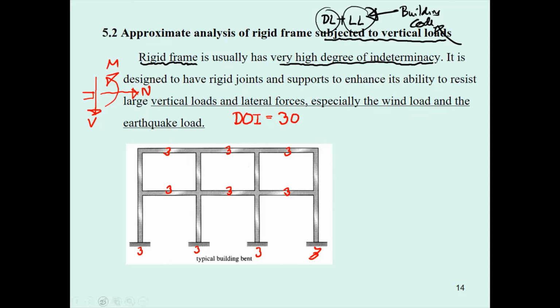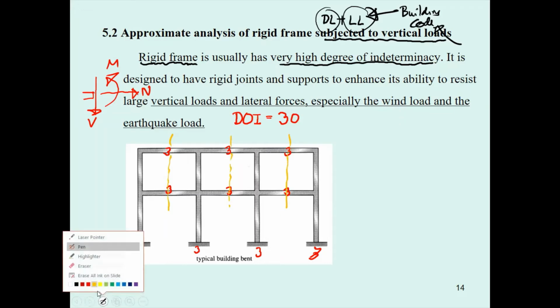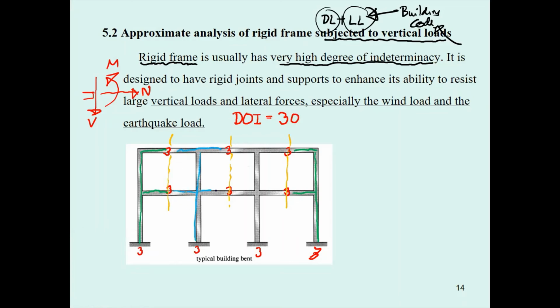And then by cutting the structure and getting the unknowns, you separate this frame into 4 free body diagrams. 1 is here, 2 is here, and you have this one for 3, and you have another one for 4.